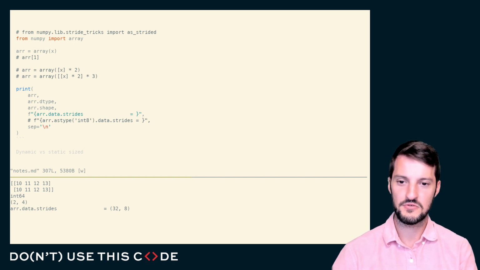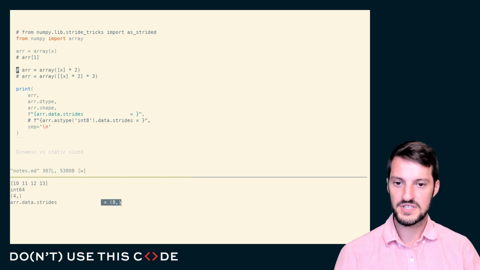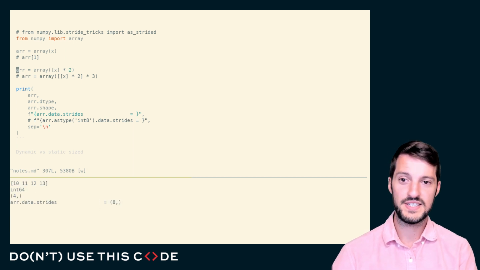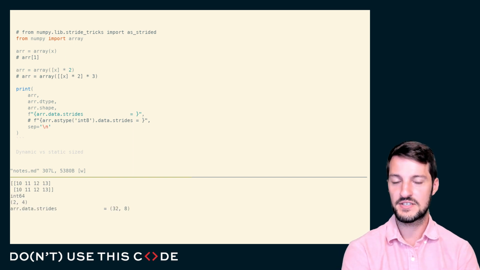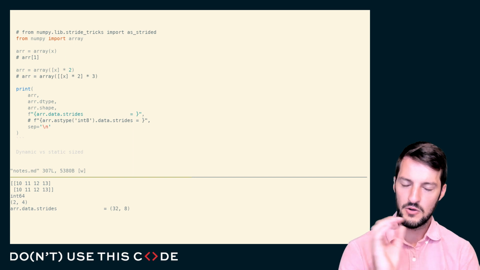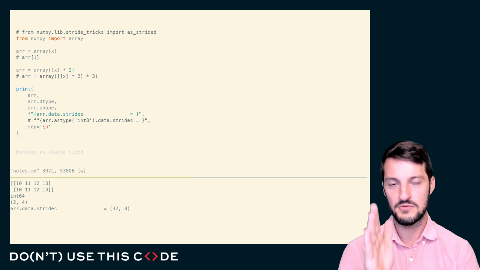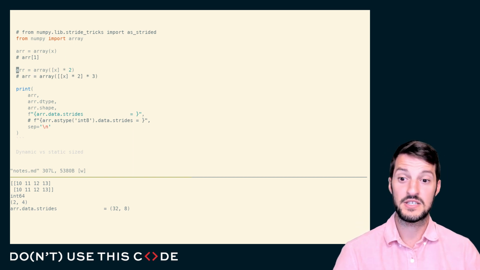Let's go ahead and compare this. Our strides before was simply 8. Once I change the dimensionality of this, we have 32, 8. And what I said before, when it was simply a single value, is that this is the number of bytes that NumPy has to skip to go from one value to the next in the lowest level dimension.